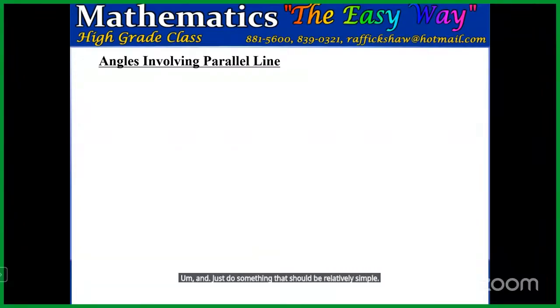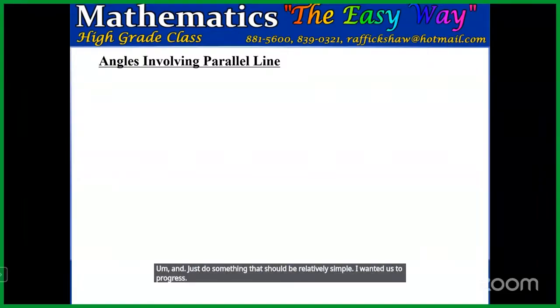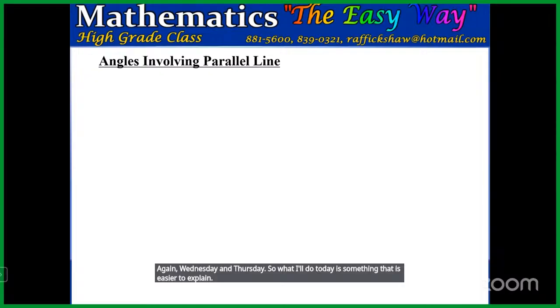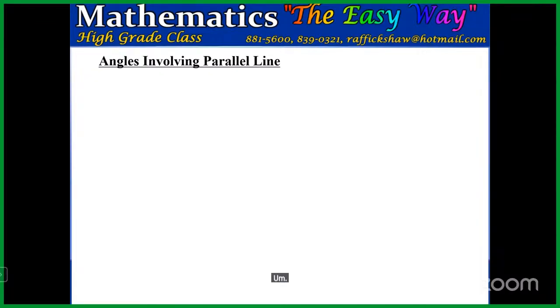I wanted us to progress with the trigonometry of non-right angle triangles, but I'll come back and do the application topic for non-right angle triangles instead of going to the sine rule and cosine rule, and we do that in the face-to-face again Wednesday and Thursday. So what I'll do today is something that is easier to explain when we get back to face-to-face class for those who are absent. All right, so that's what I've decided to do. That's what you see on the screen.